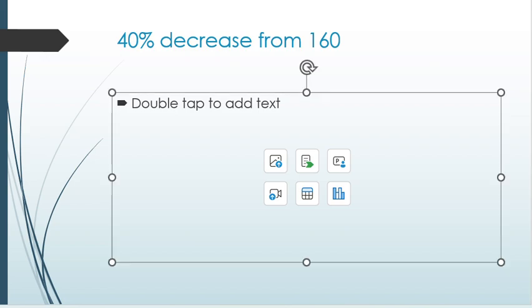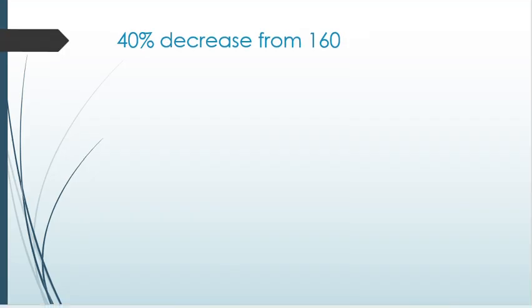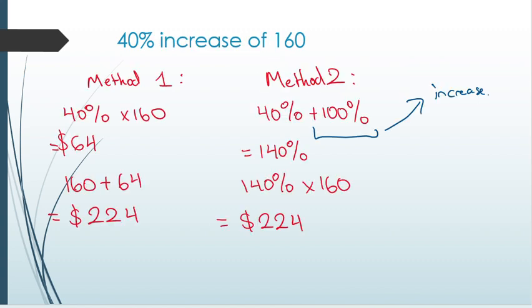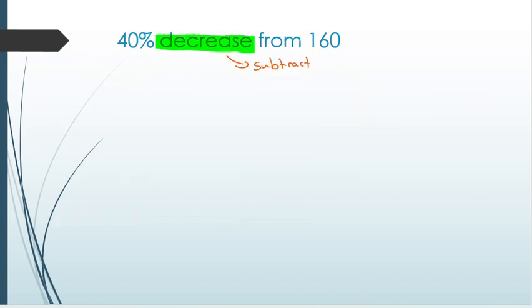Now, if we were to do decrease instead, it's very similar to what we do, but instead of adding, we're now going to subtract. What I'll do here is, I'll just label this. So method one.